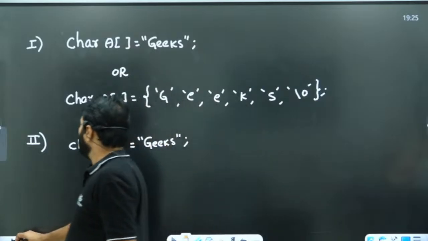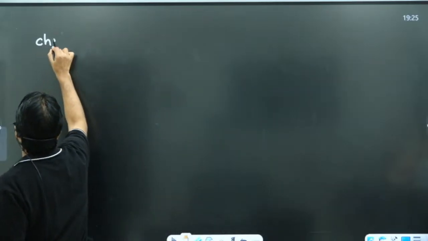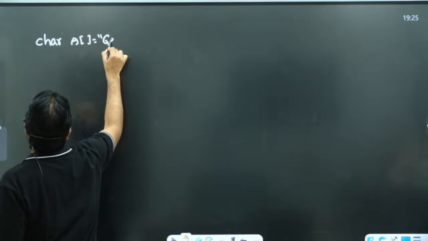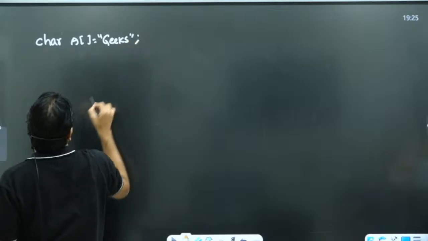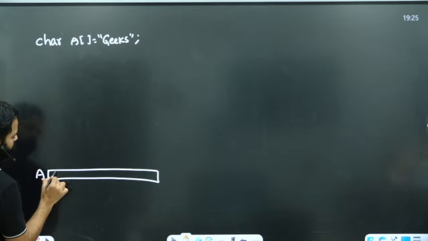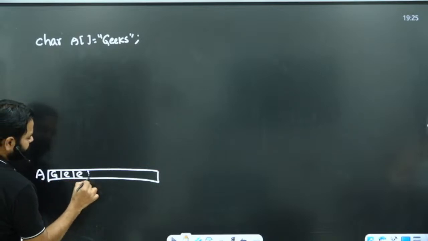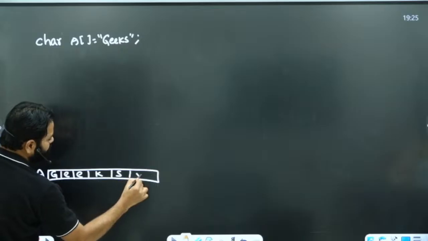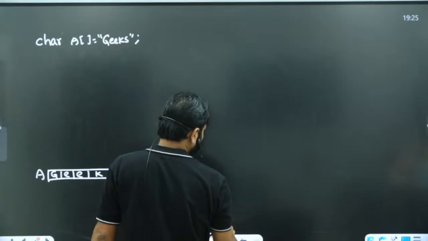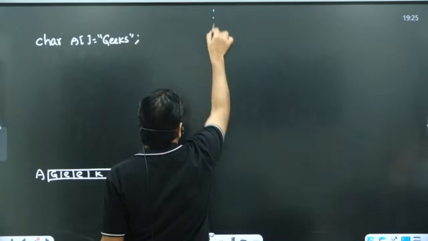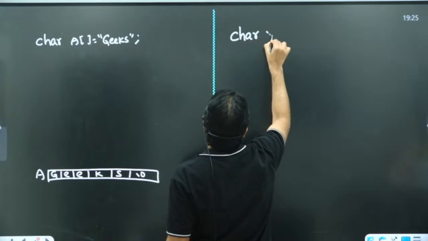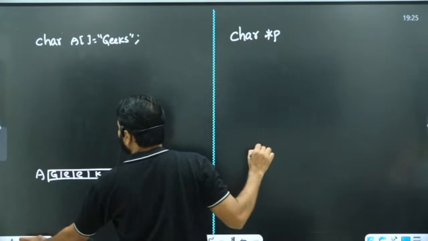When somebody has the character array, what happens here is a is an array which is going to store G, right? Now when you assign the string to the pointer, let's say star p. Did I use that star p here? Yes.